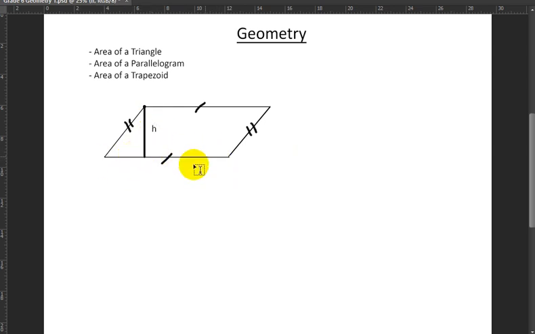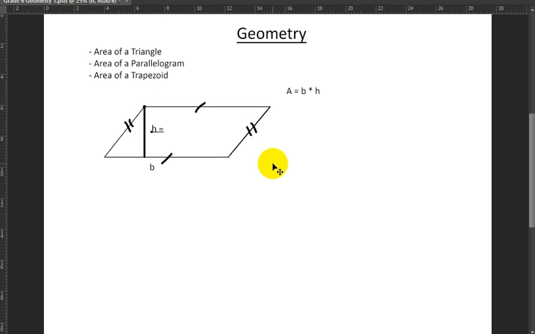And this side down here is its base. Finding the area of the parallelogram is a little easier compared to the triangle because all I have to do is just multiply the base with the height. Again, copy this. You will be needing it tomorrow and generally the rest of the week and for the weekend.